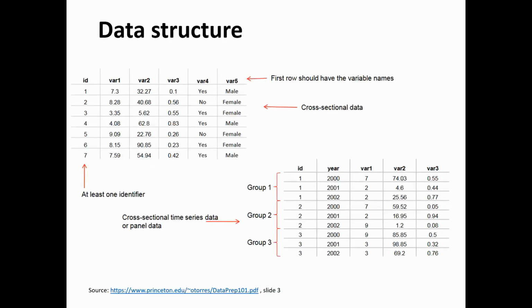Before we get started, you need to have an idea of how the data should look like. If you are collecting the data on your own or you are creating your own data sets, how do you put them in there, in what format? For the purposes of using Stata, the data should be in rectangular form. Think about Excel. You need to put the variable names in columns and the cases in rows.